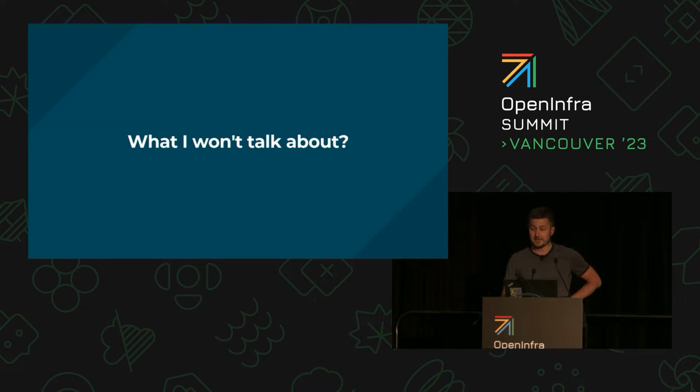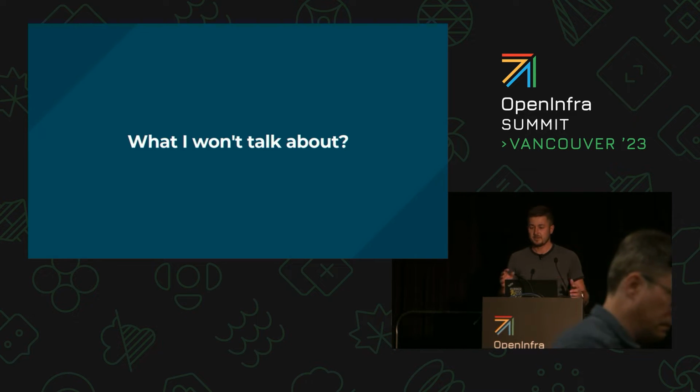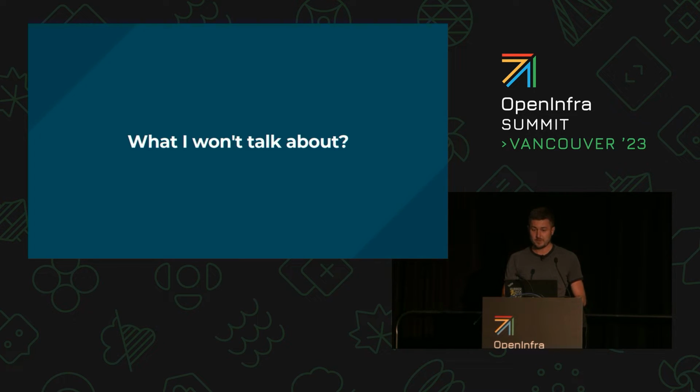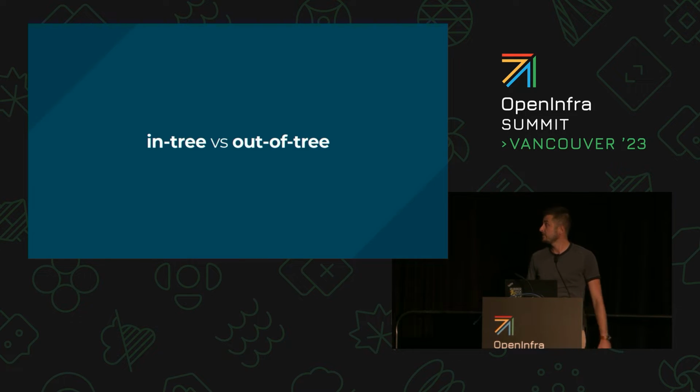So I don't have much experience with this. I will not talk about the capo or the cluster API provider OpenStack integration. They use the Octavia to create a load balancer for the API, Kubernetes API. That's a tiny bit of integration, but that won't be part of this presentation either. So let's jump straight in.